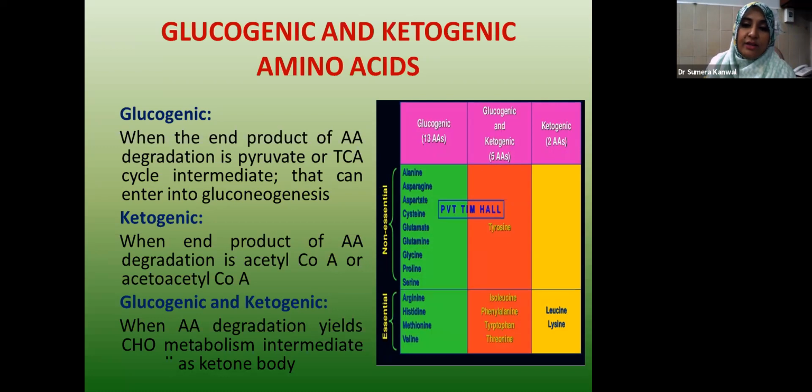To make it easy, just learn the ketogenic amino acids. Only 2, leucine and lysine. Gluco and keto both: tyrosine, isoleucine, phenylalanine, tryptophan, threonine. And the rest of the amino acids can be included in the glucogenic category. So most of the amino acids are glucogenic. So they can synthesize glucose through gluconeogenesis.